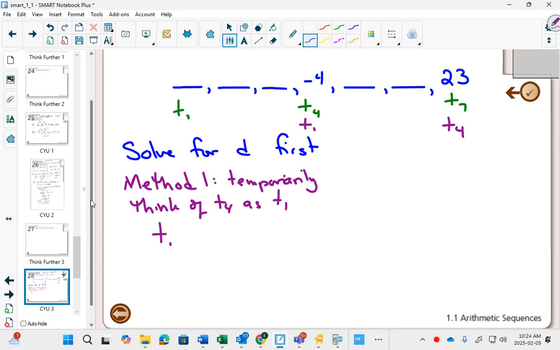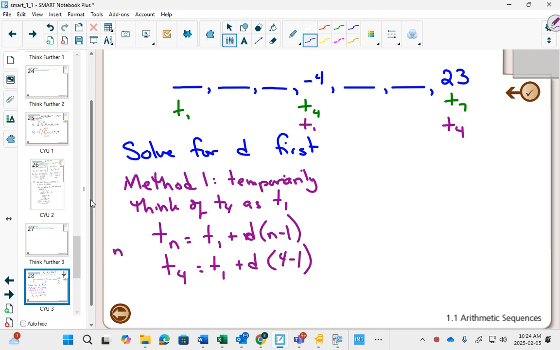So for example, if Tn is equal to term 1 plus D times n minus 1, then term 4 is equal to term 1 plus D times 4 minus 1. So we're like, hey, I can do stuff with n is 4, and then what do I know? I know that temporarily that term 4 is 23. Temporarily, term 1 is actually negative 4, plus D times 3.